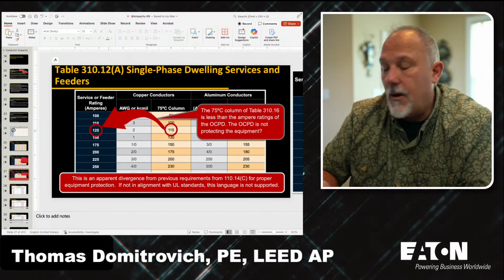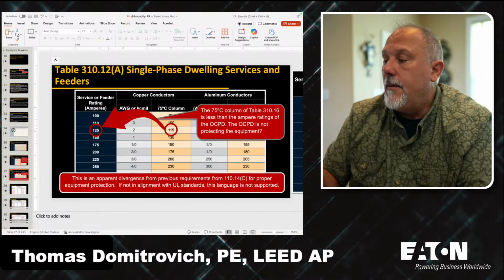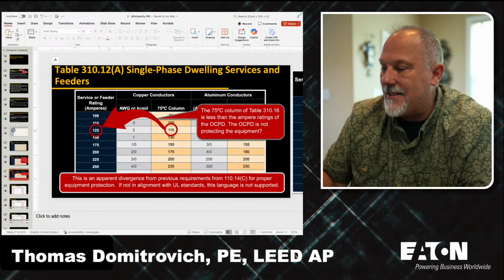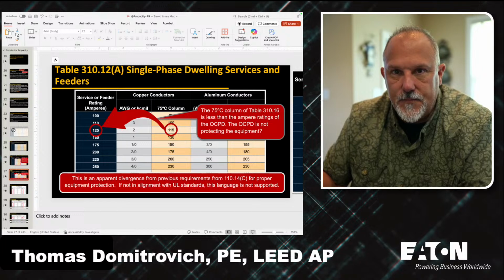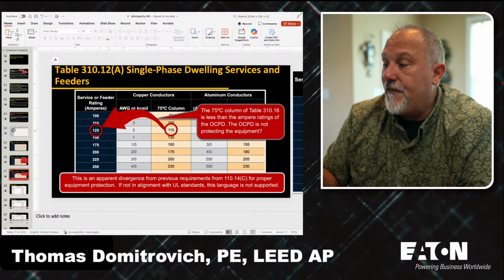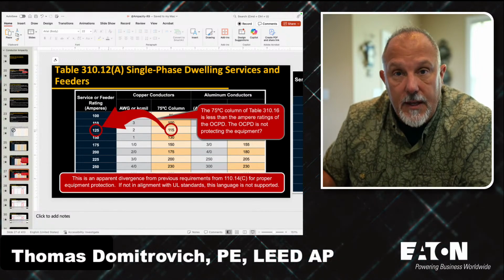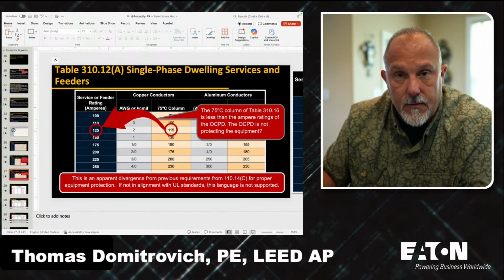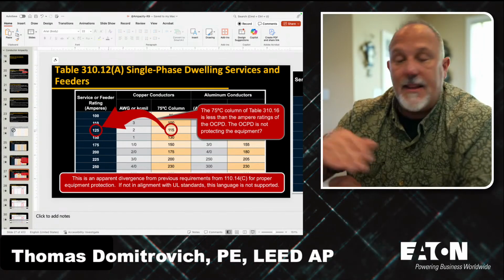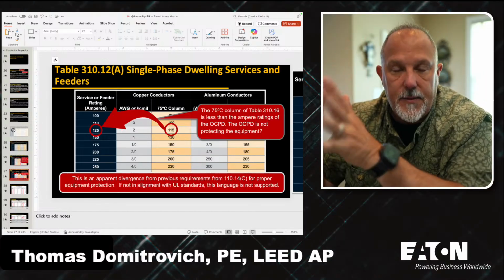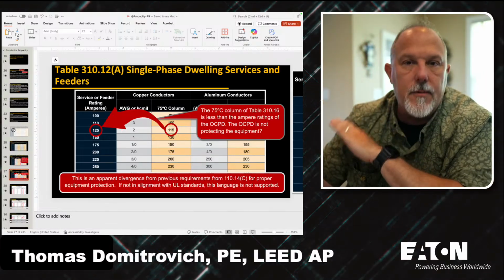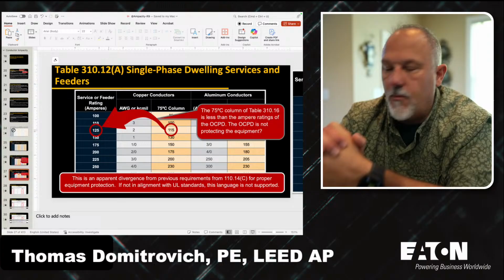And, oh, actually, no, I'm thinking about that wrong. My 125 amp breaker has to be compared to the 115 amps. So for me to protect the circuit, it's not at the ampacity. I have to be 1.25 over the load. That's already covered. But this is dealing with the protection.